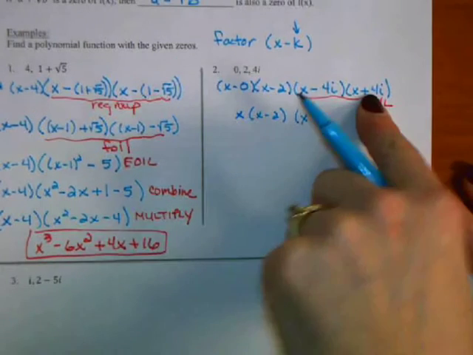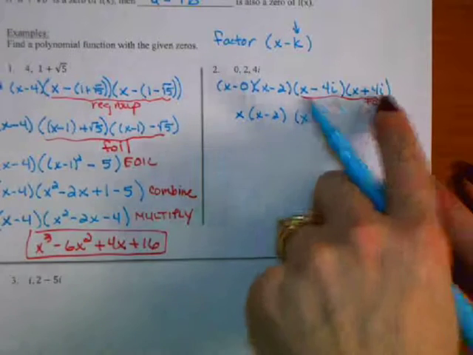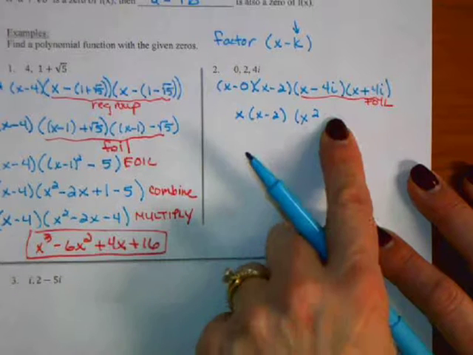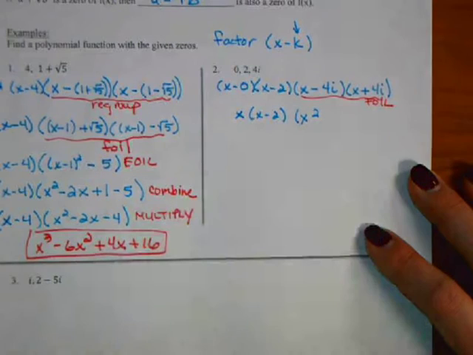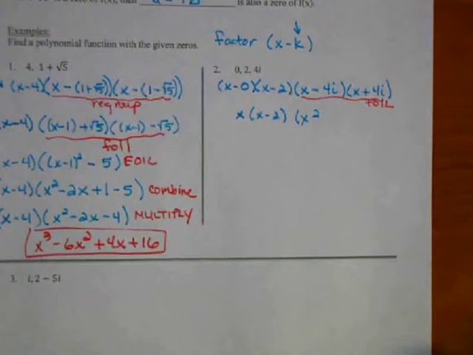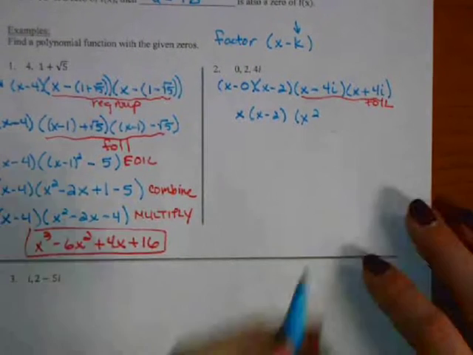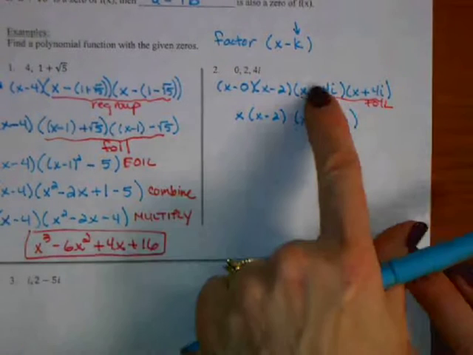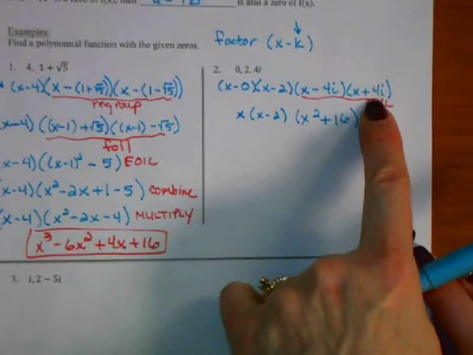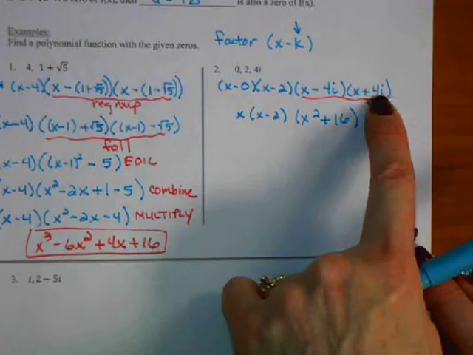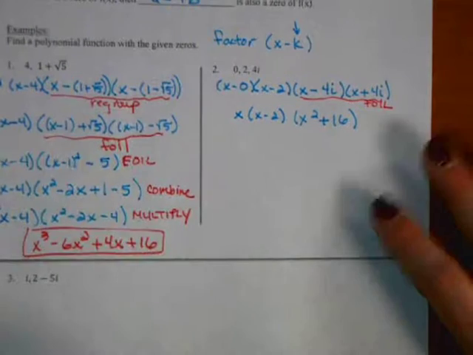What's 4 times 4? What's i times i? So this is going to be x squared plus or minus? Because it was -4 times 4, which is -16, and then i times i is -1, so it becomes a plus.